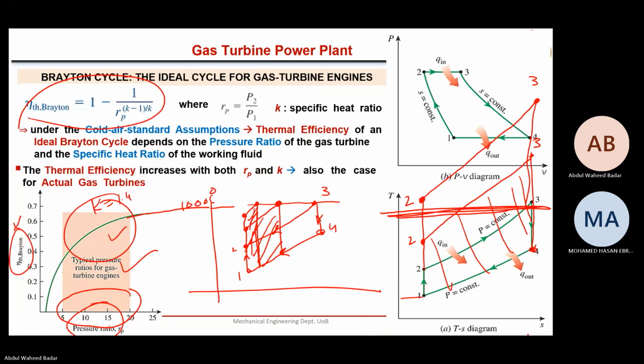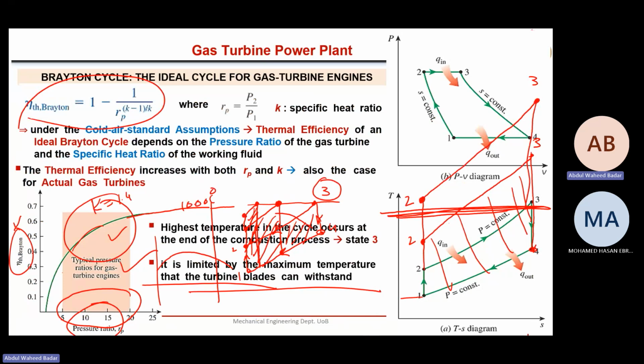P1 is fixed, ambient. Now we are increasing P2, so a higher pressure ratio. But there is a fixed T3. So now the network area keeps on increasing. Then at a certain high pressure ratio, it starts to drop because T3 is fixed. Then this curve will have some drop after a certain pressure ratio if T3 is fixed. That's what we will see.